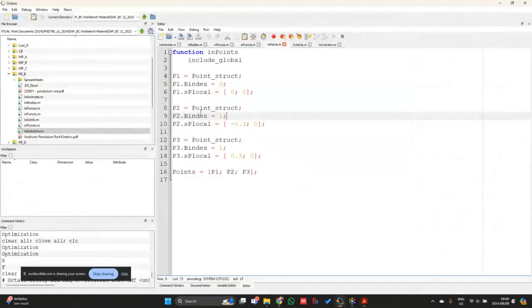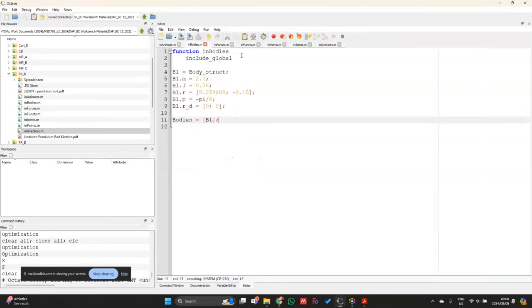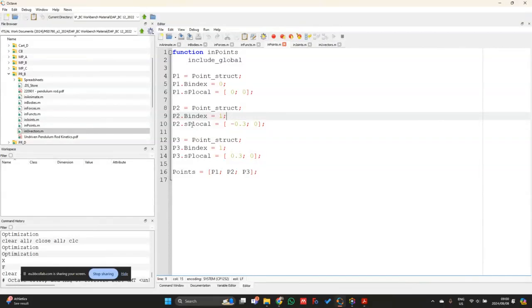Okay. Then for point 2, this is now the point that we want to specify on the pendulum rod. So once again, I initialize it as a point structure, and now p2.body index or b index is then equal to 1. So now I refer to body 1, which is the actual rod. And then I just have to place that point with respect to its local coordinates. So that's why I say p2.sp local.